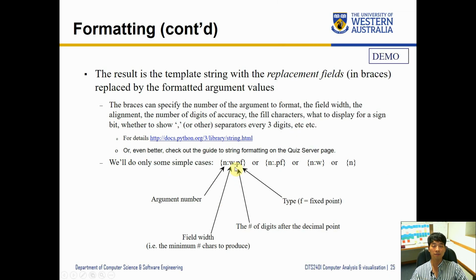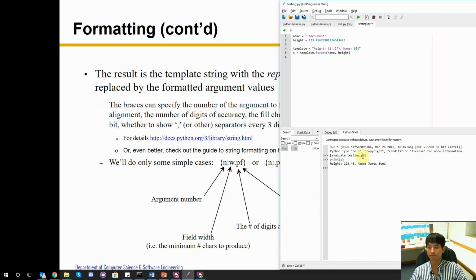And we can specify more options which are separated by a colon. So we add a colon, and then after that you can specify the field width. This is the minimum number of characters to produce when you print out the string. So let's do that.